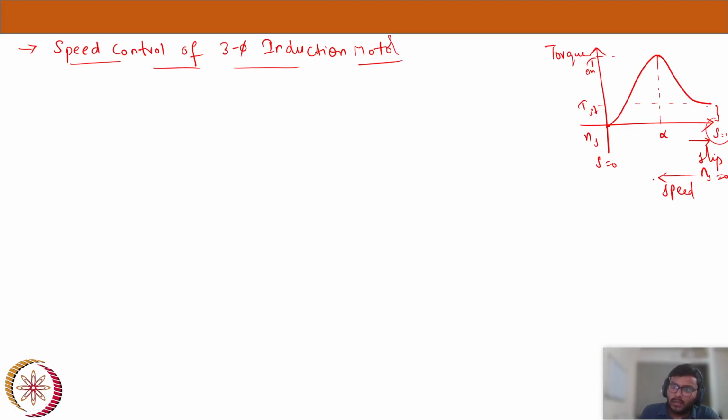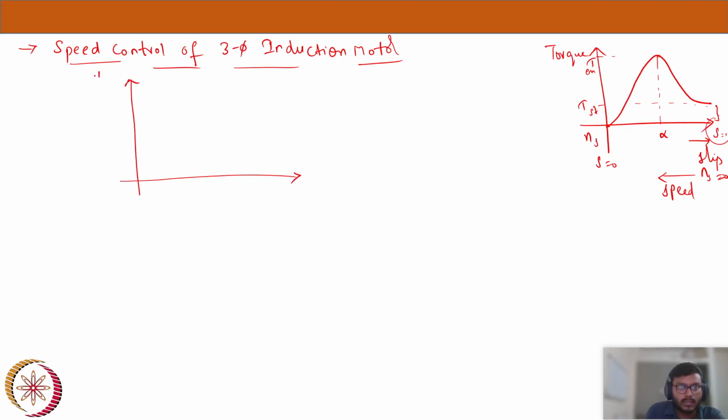Here we can see the speed is increasing from right to left. Usually we need a torque speed characteristic where the speed increases from left to right. Then we will have an easier understanding of how things work. So I will just redraw a torque speed curve.